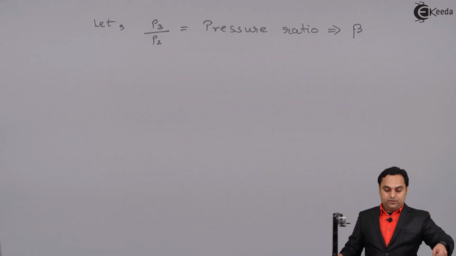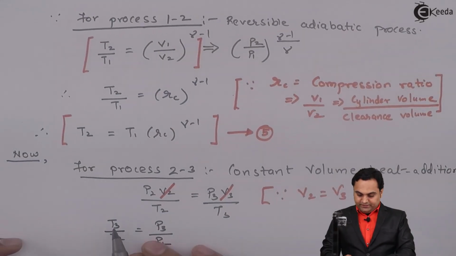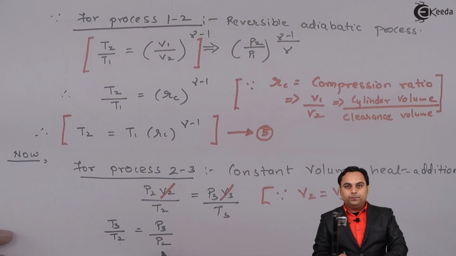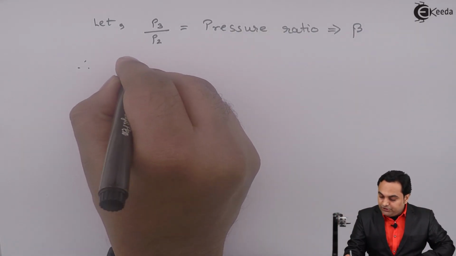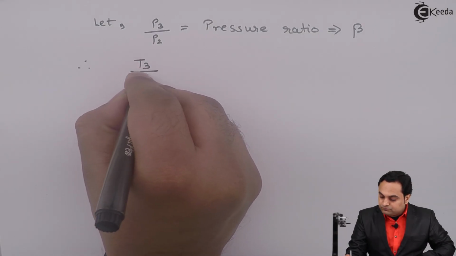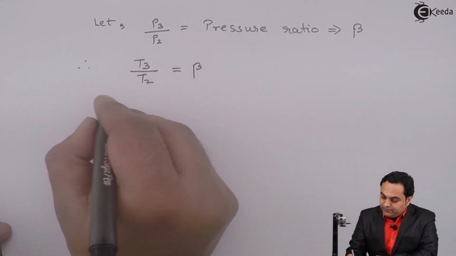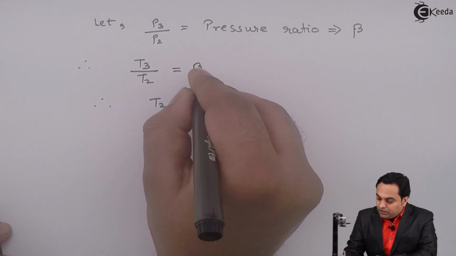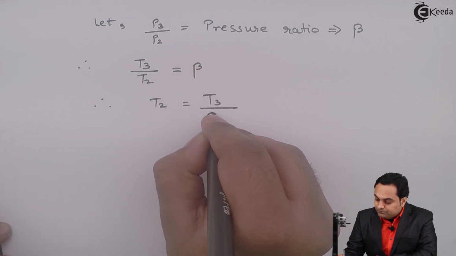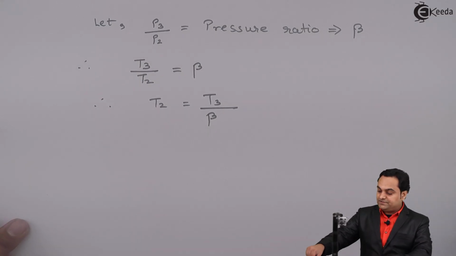So T3 by T2 is equal to beta, and hence I will get T2 as T3 upon beta. I'll keep this as equation number 6.